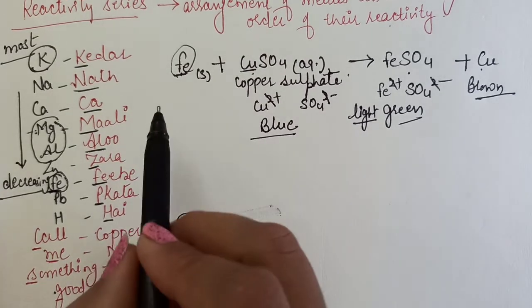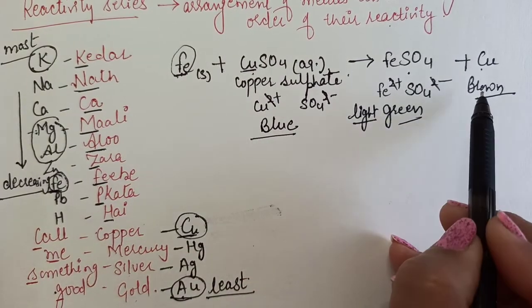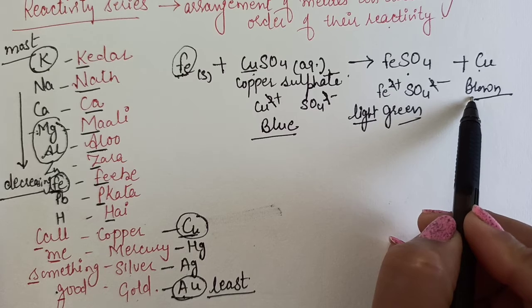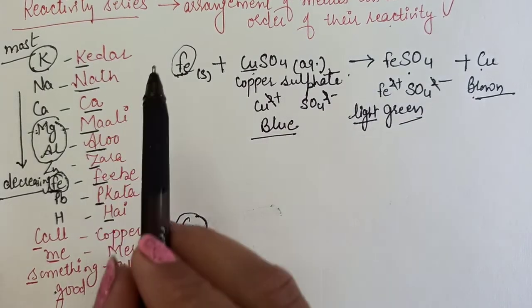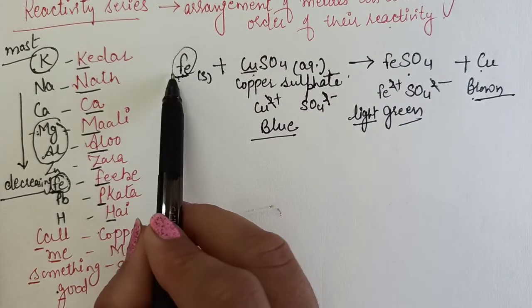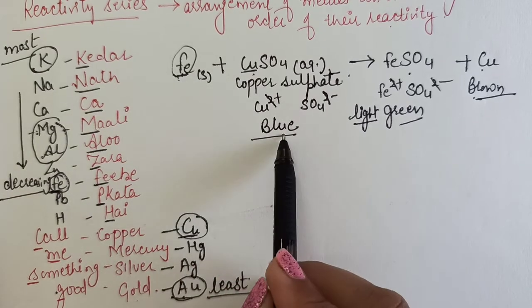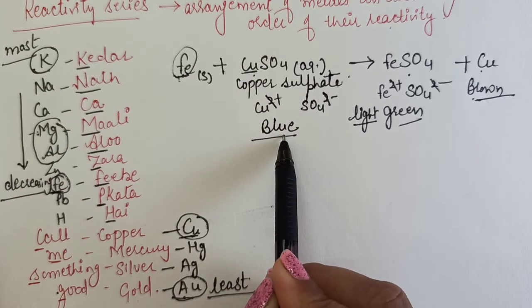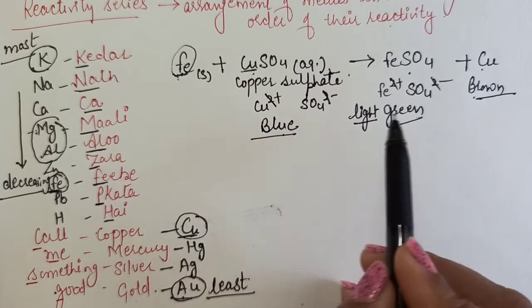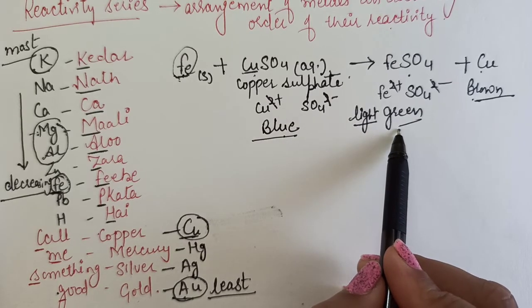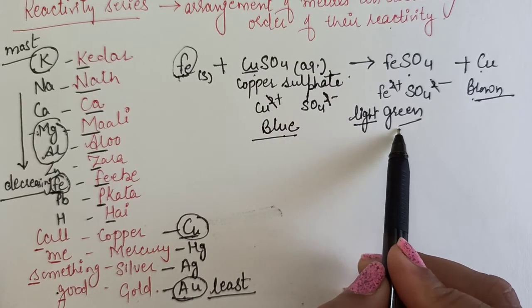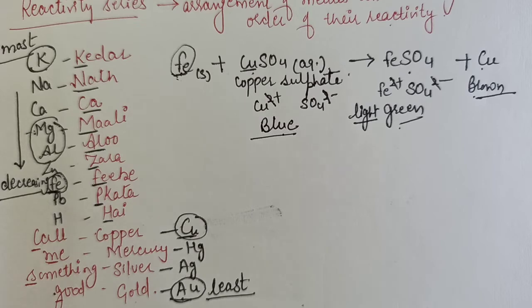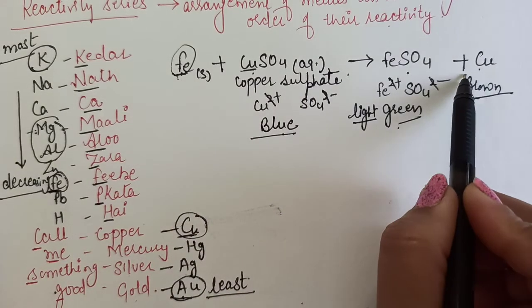Now this is the displacement reaction. What are the observations of this reaction? The brown coating of copper is formed on the iron nail and the dark blue color of copper sulfate fades. This is the observation. This reaction is already balanced.